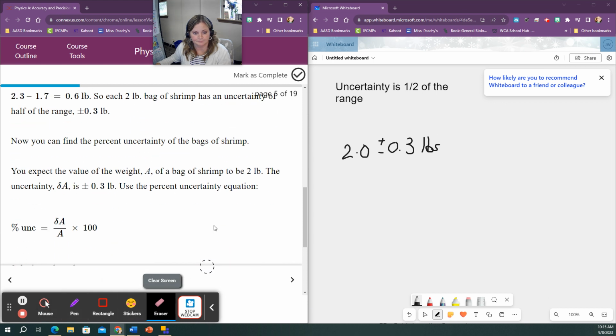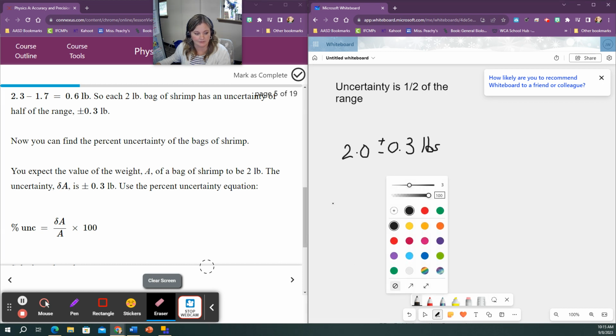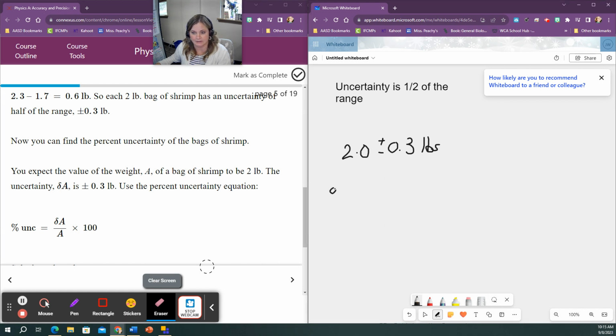All right. So now we can find the percent uncertainty using that formula that we were given. So percent uncertainty is equal to this number here, which is your uncertainty in units, right? Divided by this number here, 2.0, times 100.